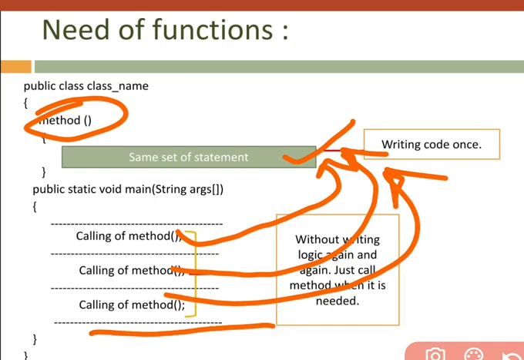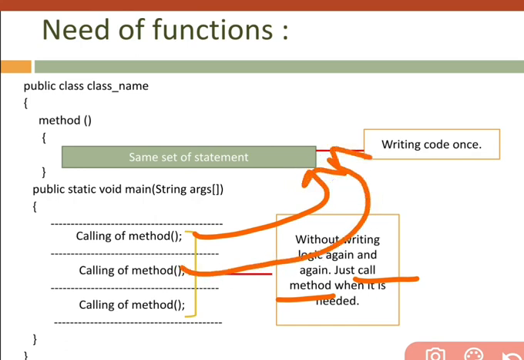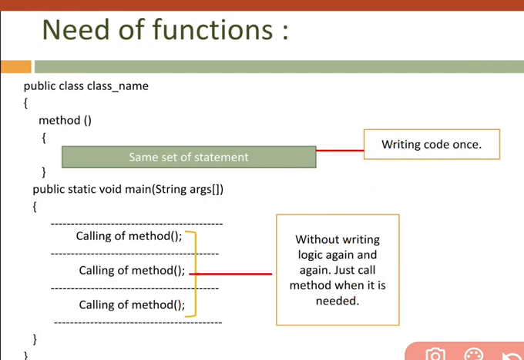Any number of times we can call that method without writing the logic again and again. Just by calling a method, we can run the statements again and again from anywhere. This is the benefit of creating a particular function.